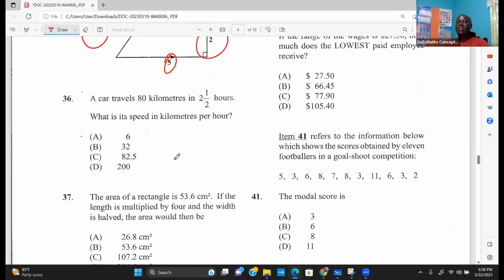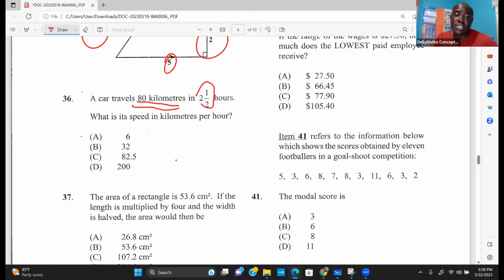A car travels 80 kilometers, should say. Okay, again. A car travels 80 kilometers in 2.5 hours. What is the speed in kilometers per hour? We're gonna work it out. All right. Remember, you travel this amount of kilometers, but you did it in a lot of time. You did it in 2.5 hours.